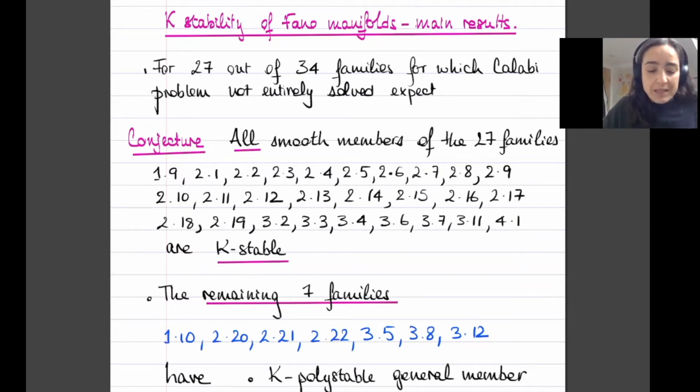We expect that for 27 out of the 34 families for which the Calabi problem is not entirely solved, all smooth members are K-stable. So here, our expectation is built upon the fact that we cannot make examples of non-K polystable Fanos in these families.